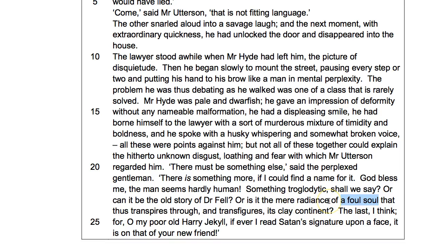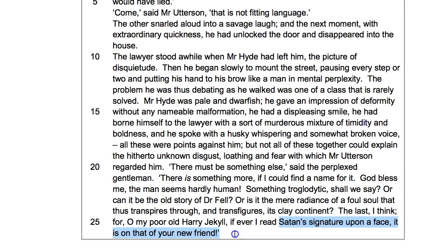Moreover, elsewhere in the novel, Jekyll's Christianity is a sign of his hypocrisy. He merely tries to do good things in order to present a good front, so that he is socially acceptable. And this links me to my next quotation, the last, I think: "Oh my poor Harry Jekyll, if ever I read Satan's signature upon a face, it is on that of your new friend."